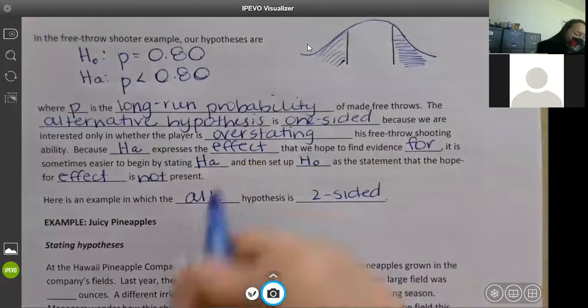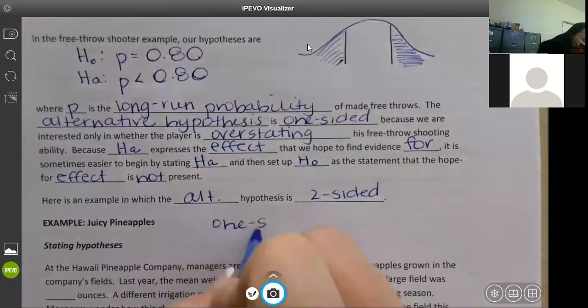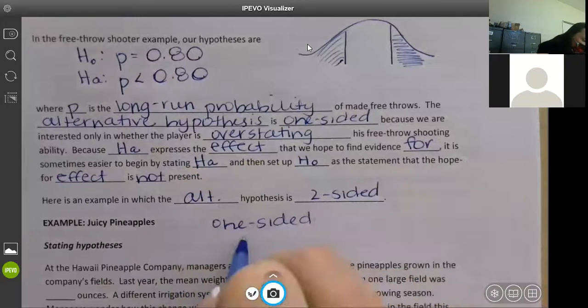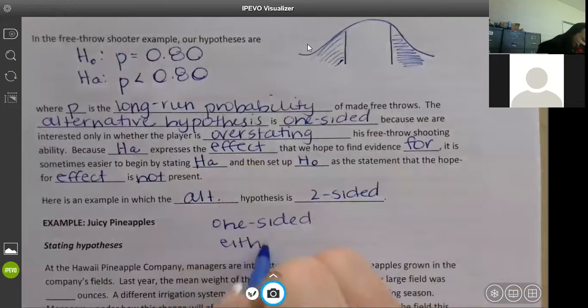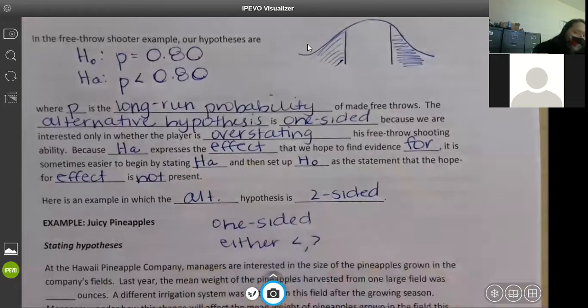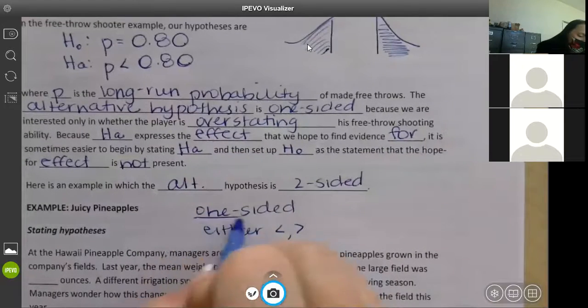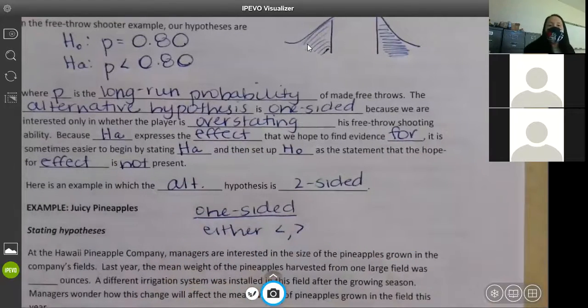Just going over this one more time. If it's one-sided, it's either less than or greater than. What does it mean that we're trying to find evidence for it? We'll see that when we get to 9.2.